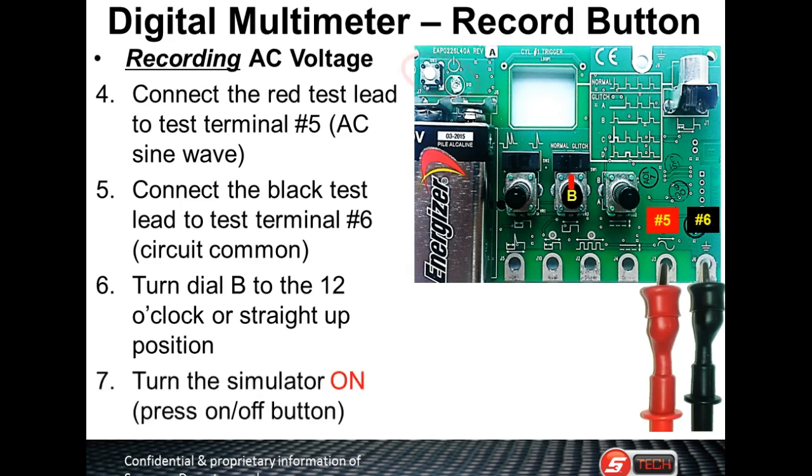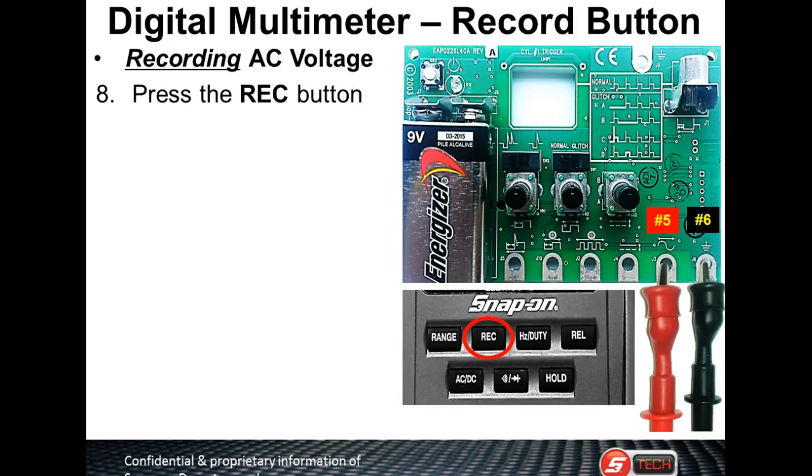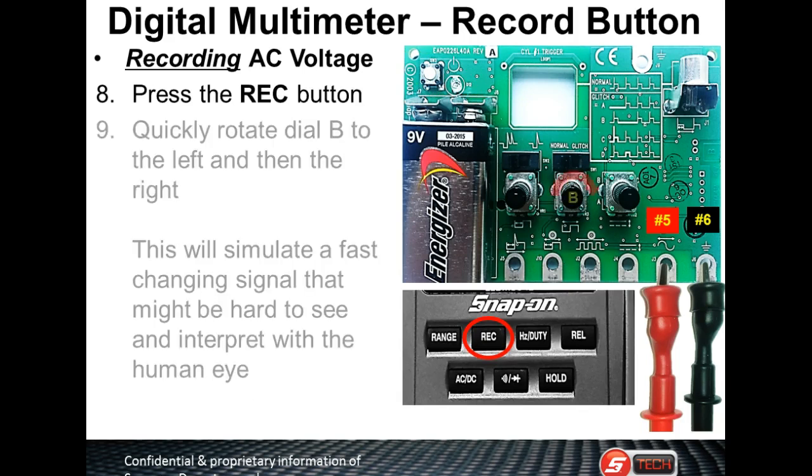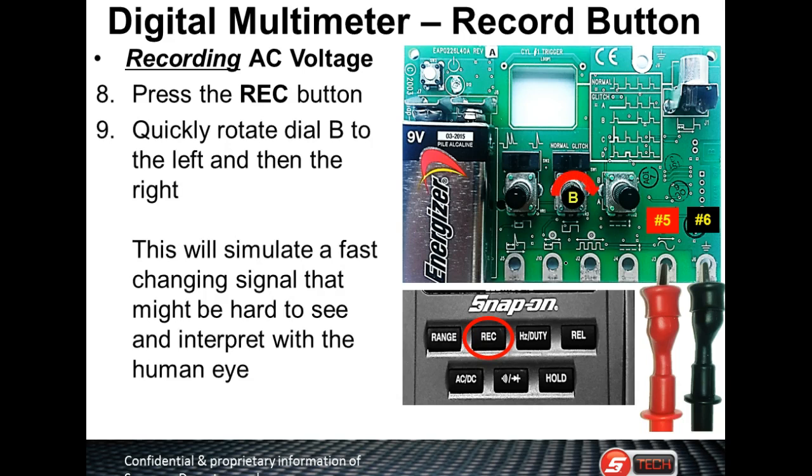We'll start B straight up. Then you're going to hit the record button on your meter. And then you're going to rotate B all the way right, all the way left, and then back to center. And it should hold both of them, right? Are we okay? Any questions so far?